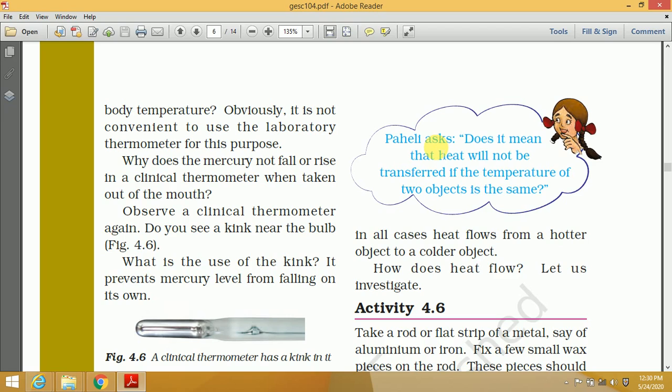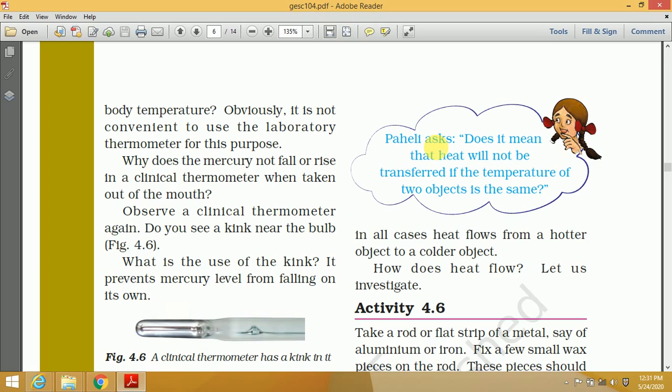Paheli asks, does it mean that heat will not be transferred if the temperature of two objects is the same? Yes. If the temperature of the two objects is the same, heat will not flow. You might have seen that when the temperature of the hot tea becomes equal to the room temperature, further flow of the heat will stop.